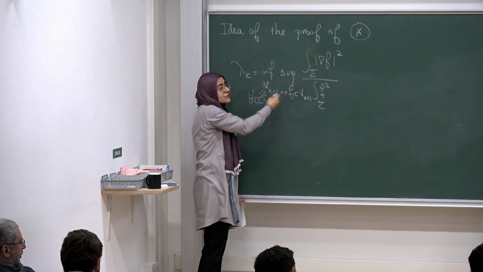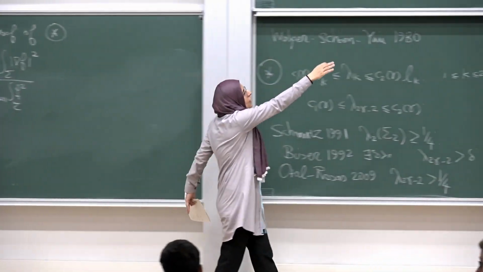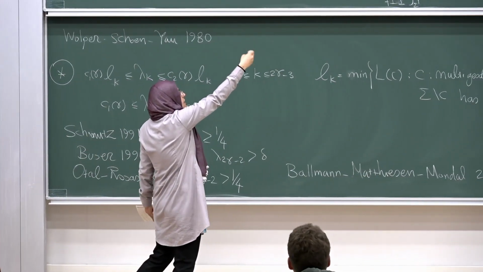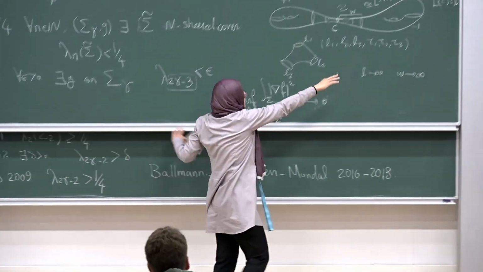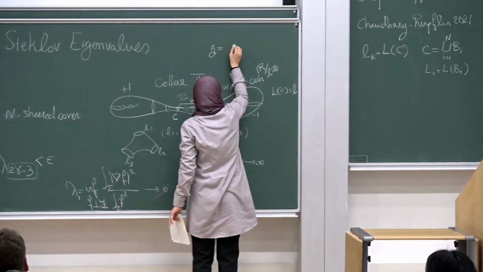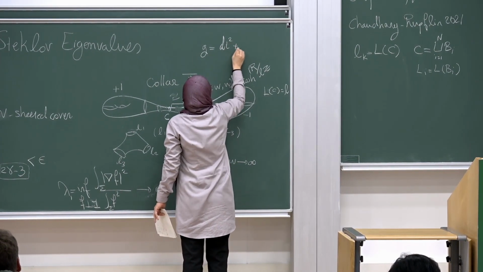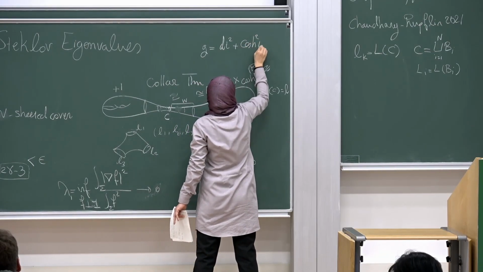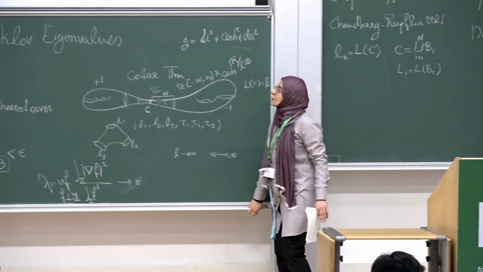We do this to obtain test functions with mutually disjoint supports, and then on this collar we have Fermi coordinates around the center of the geodesic. When I write this, I mean that the metric will be dr squared plus cosh squared r dt squared. So we have an explicit formula for the metric.